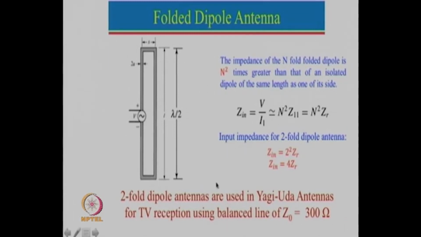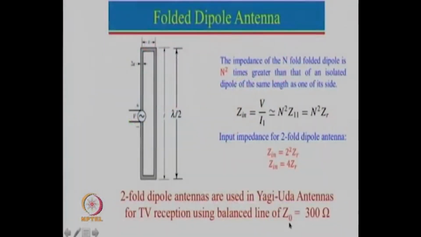And these were being used earlier, several decades back you can say, for TV reception, because at those times a TV would have an output which is a 300 ohm balance line, and then that would go up to the top of the roof where the Yagi-Uda antenna was connected, and it would connect to the center of the folded dipole antenna.